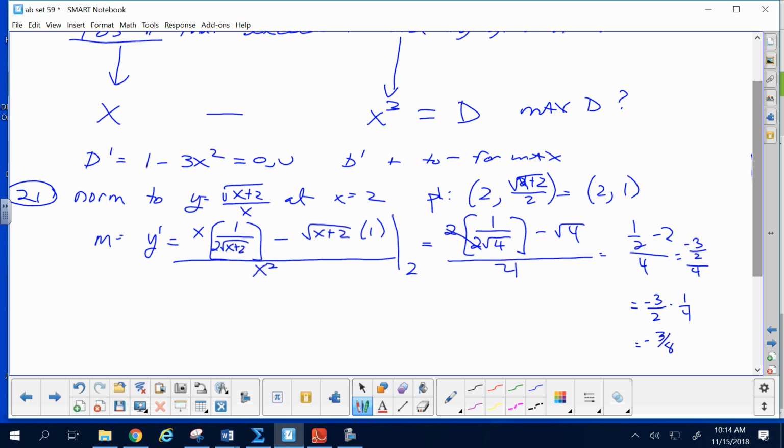Okay, so the tangent slope is negative 3/8. If the tangent slope is negative 3/8, then the normal slope is perpendicular, and so it is 8/3. Then point slope formula, y minus 1 equals 8/3 times x minus 2. Okay. Tangent slope and perpendicular.